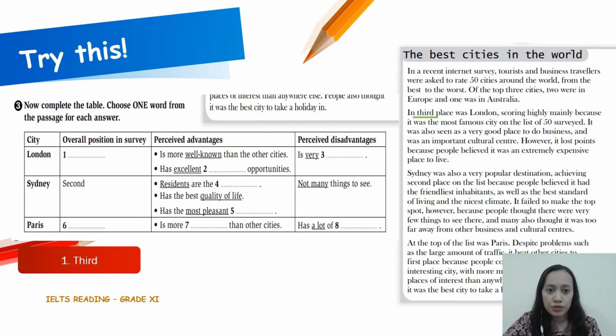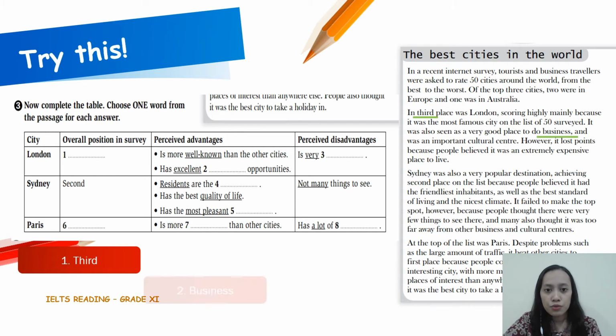The answer for number 2, talking about perceived advantages. The first advantage for London is that it is better known than the other cities. And the second one, which you can find in the second paragraph, is that London has a very good situation, a very good opportunity for doing business.